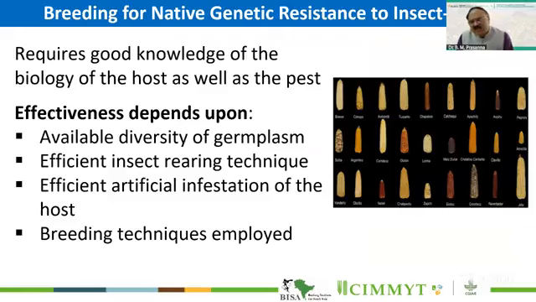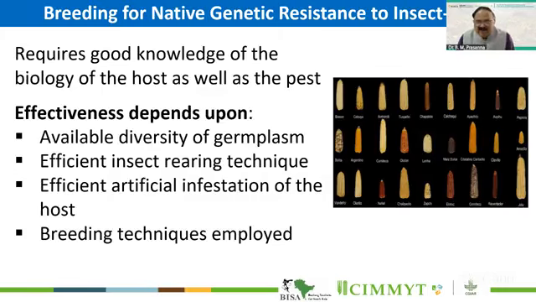But when you look at breeding for native genetic resistance to insect pests, be it fall armyworm or any other insect pest, it requires good knowledge of the biology of the host as well as the pest. The effectiveness here undoubtedly depends upon what kind of diversity of germplasm that institution has. Does the institution have an efficient insect rearing technique?